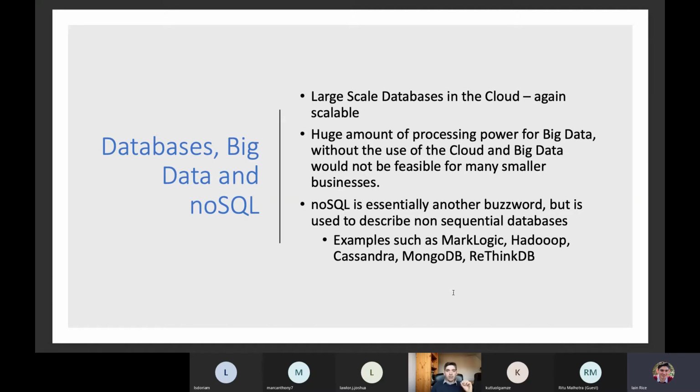NoSQL is really interesting and unusual because it means that we don't need to think of our data just as a set of tables. It can be a whole host of different information that works perfectly together as an ecosystem. You could think of a social media network. Your friends and your connections that you make and the groups that you're part of don't fit into a standard Excel table very easily, or any table.